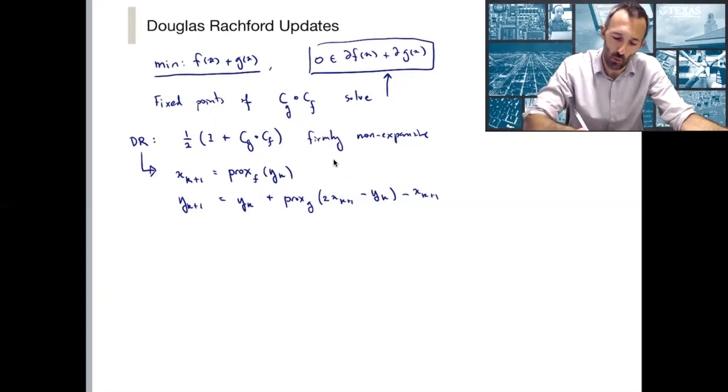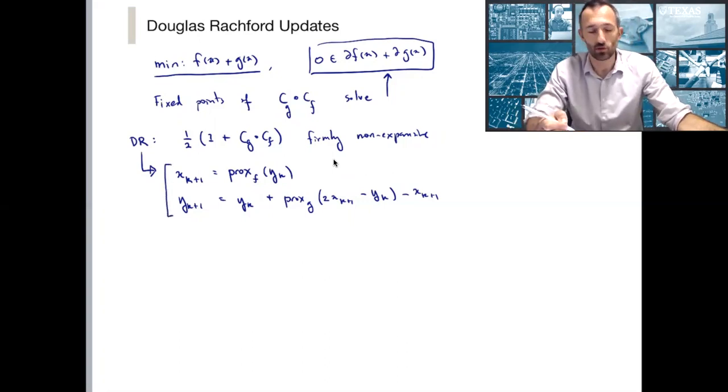So this is one of the basic forms that you'll see for Douglas-Rachford.